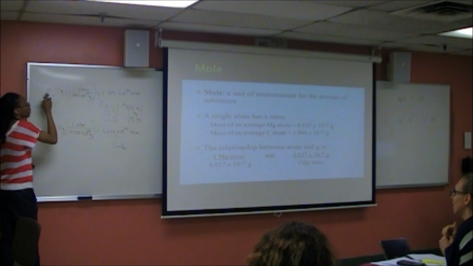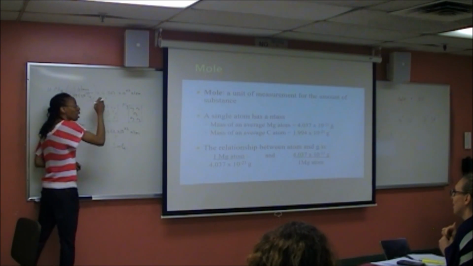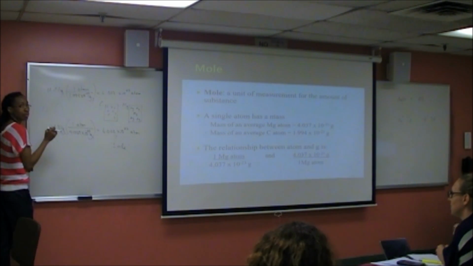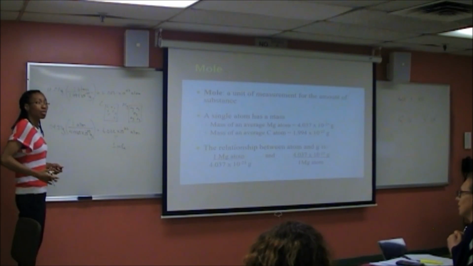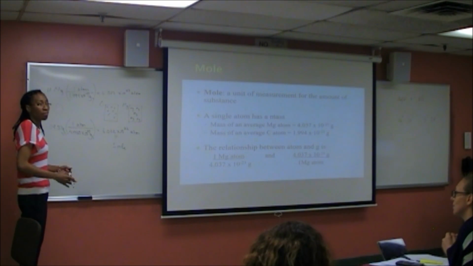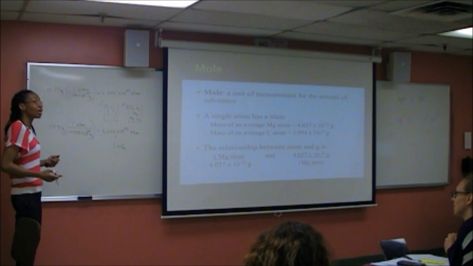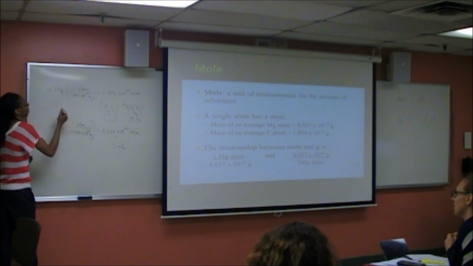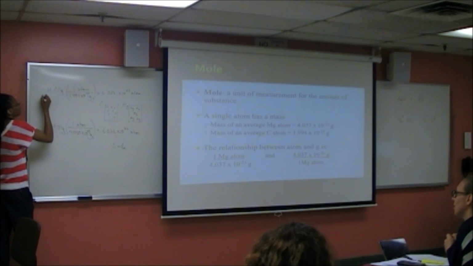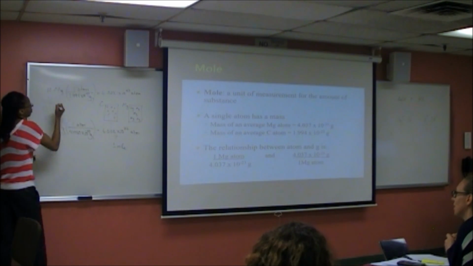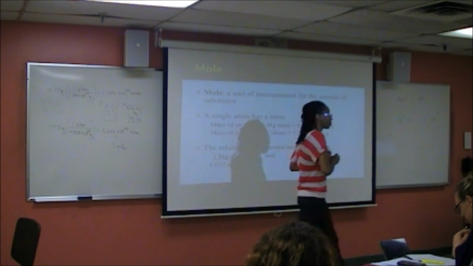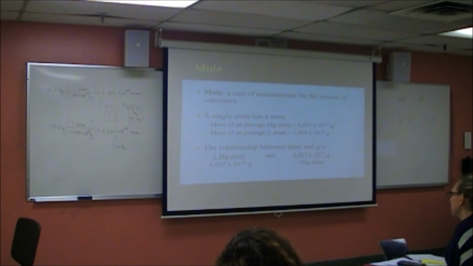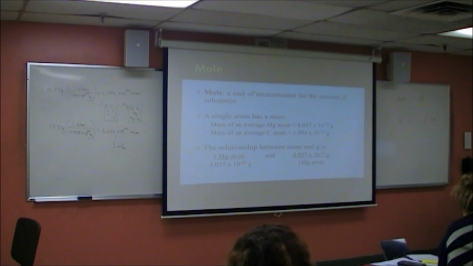So this is the mass per mole of carbon atoms. Now our units are changing. The units on the periodic table now are grams per mole. So all of our molar masses have new units.